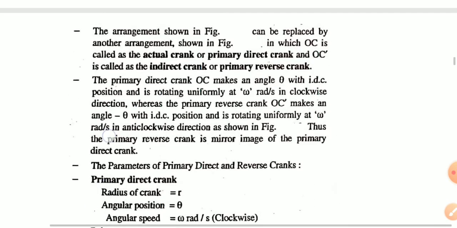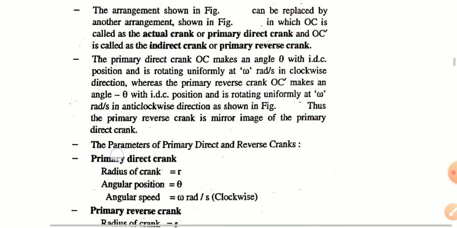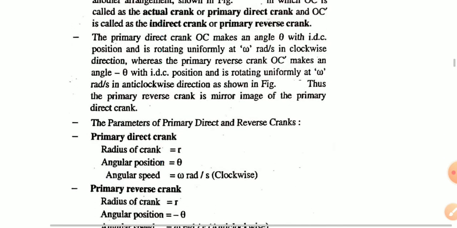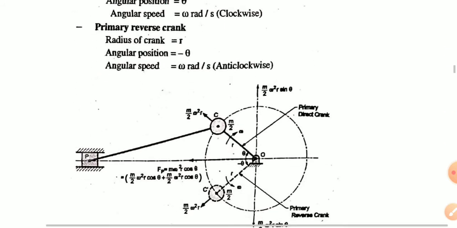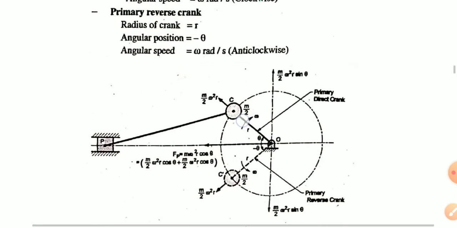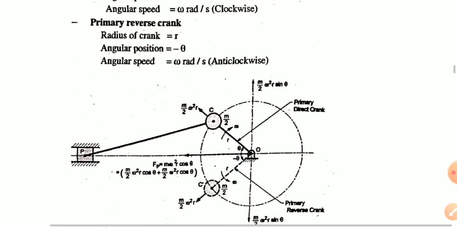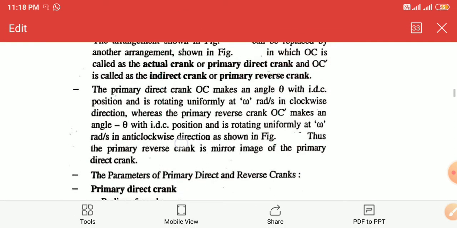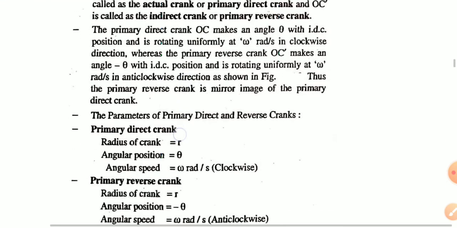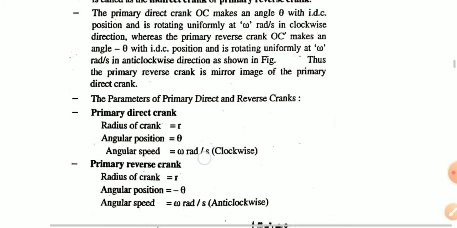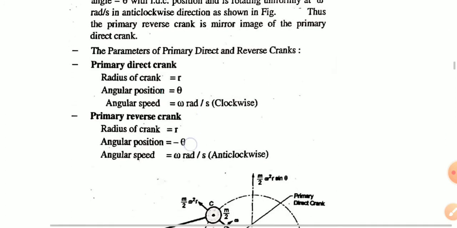Now O2C is our actual crank and O2C dash is our reverse crank. The primary or direct crank OC makes angle theta with the IDC position and rotates with omega in the clockwise direction, whereas the reverse crank OC dash makes angle minus theta with IDC and rotates with omega in the anti-clockwise direction.